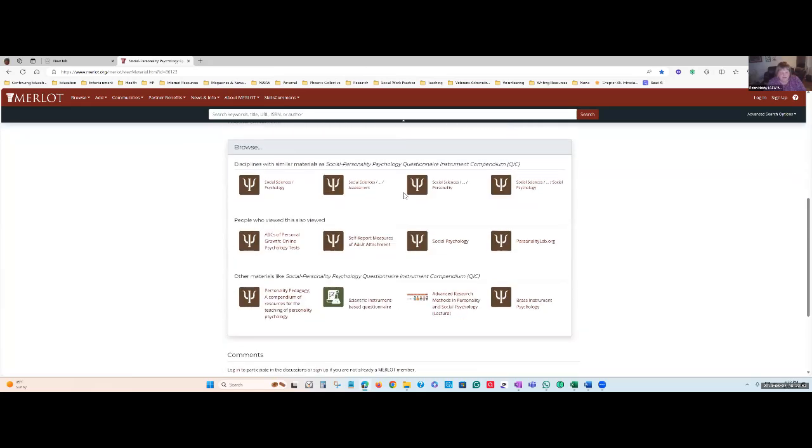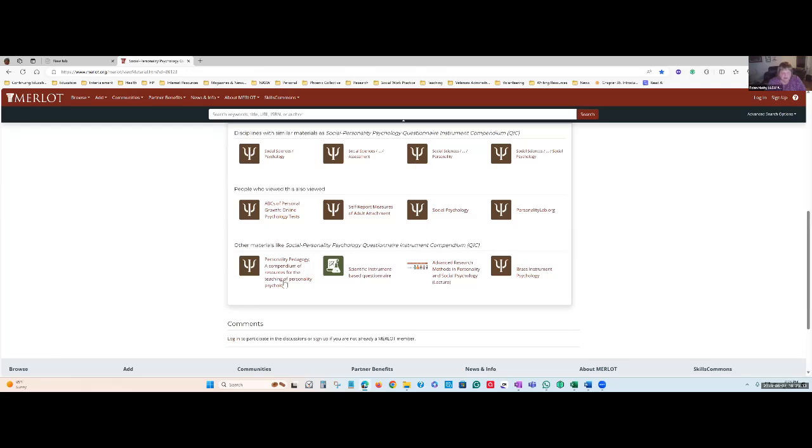And they have a nice categorization, so you can actually look in the different categories: social sciences assessment, ABCs of personal growth, online psychology test, self-report measures of adult attachment. You can even find tests for teaching.